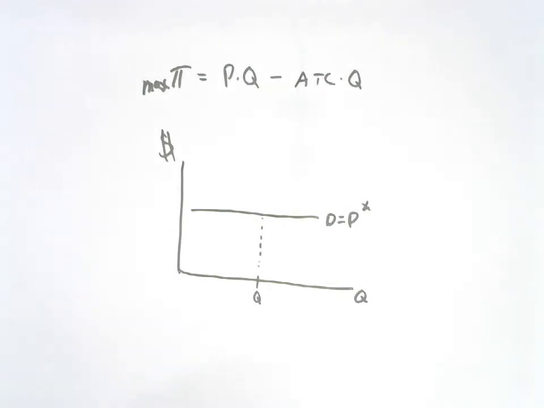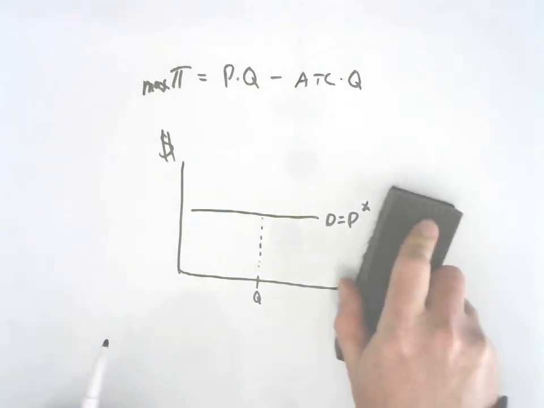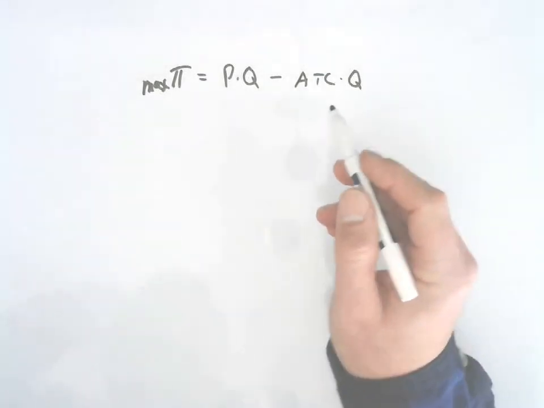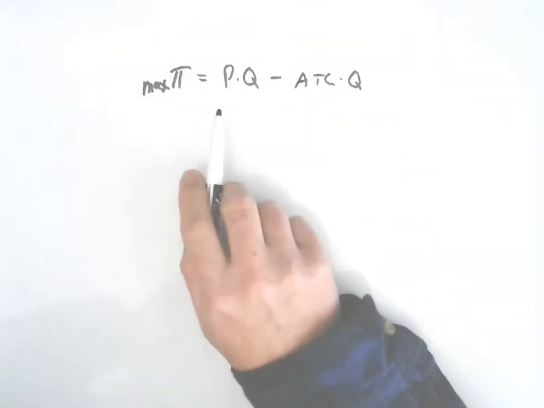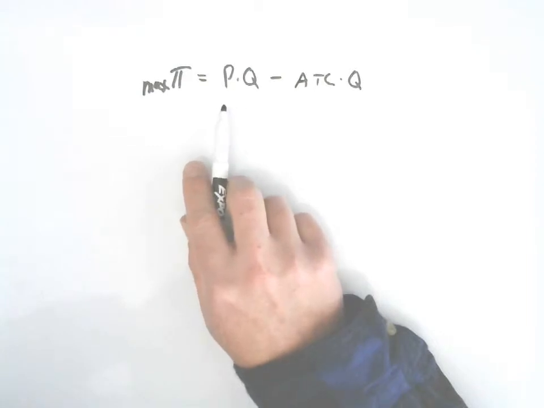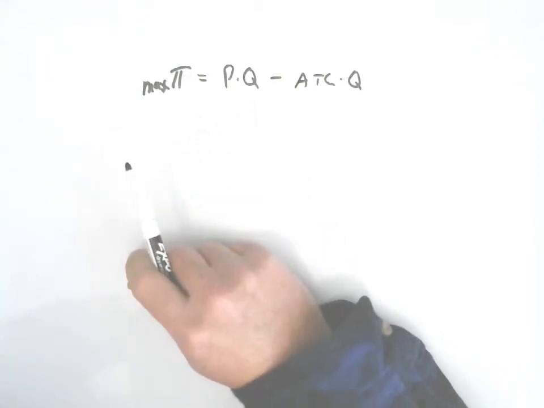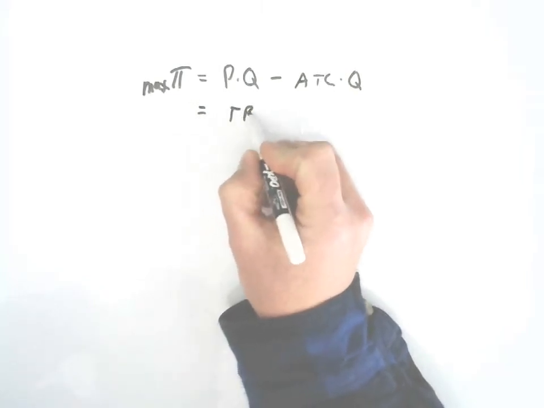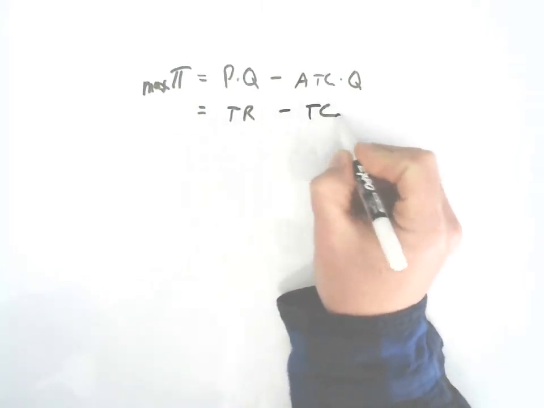Now, in maximizing profits, we have to remember that a firm thinks on the margin, whereby a profit function is total revenue minus total cost.